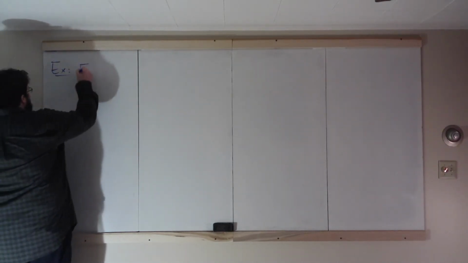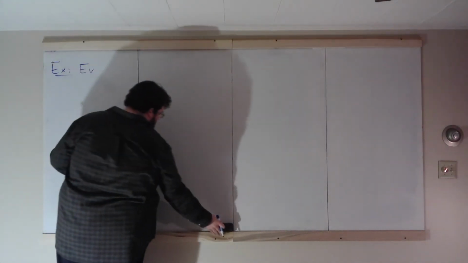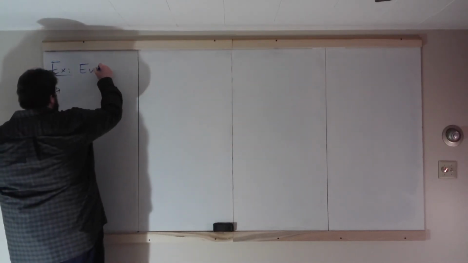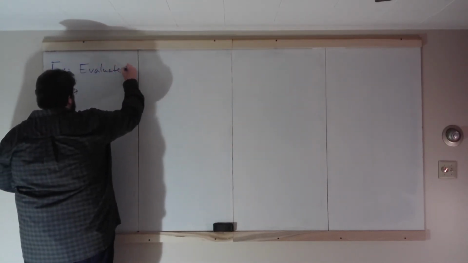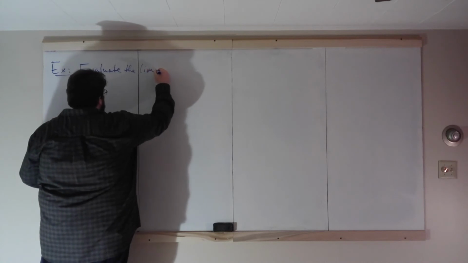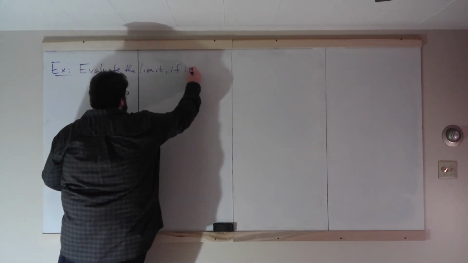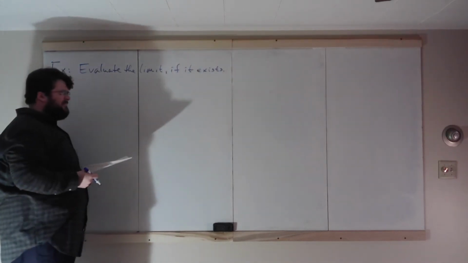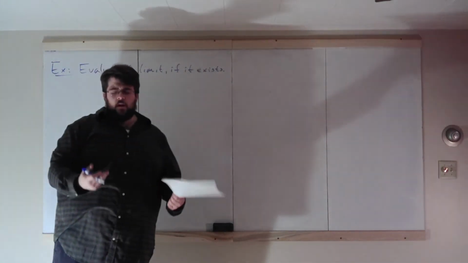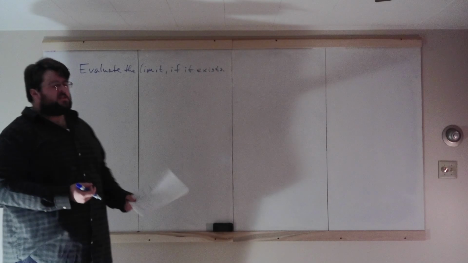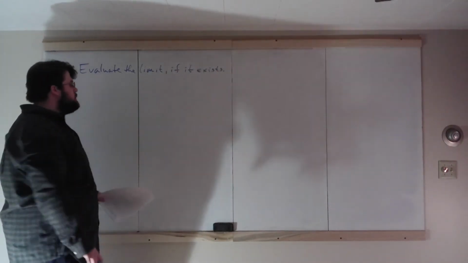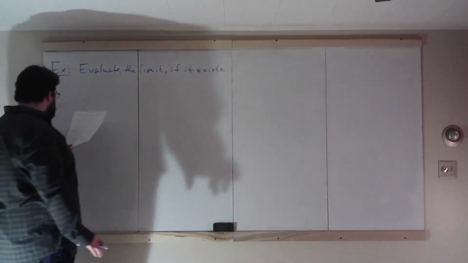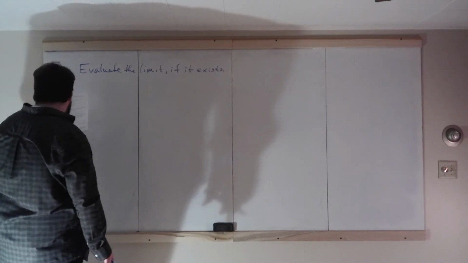Example, evaluate the limit, and let's say if it exists. If the limit on both sides is infinity, we will just say the limit's infinity for convenience. Same for negative infinity. If it's different, we'll say it's non-existent.